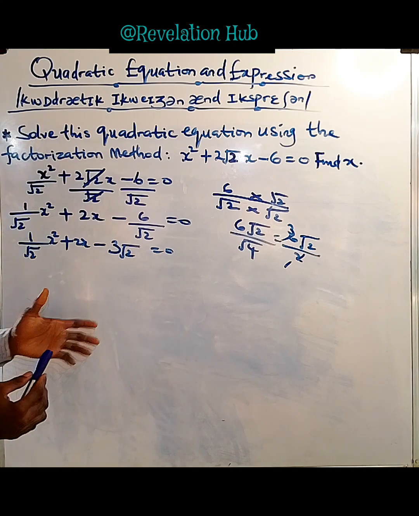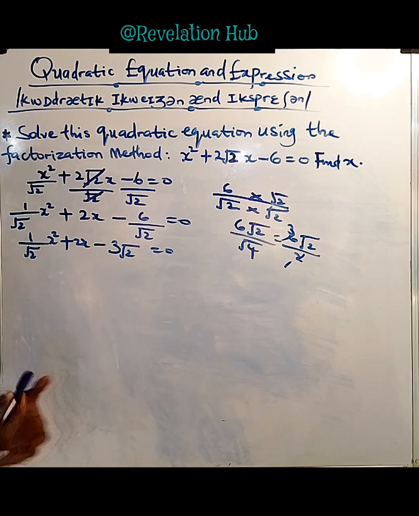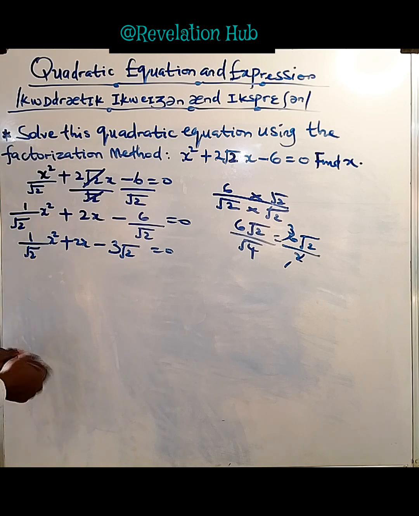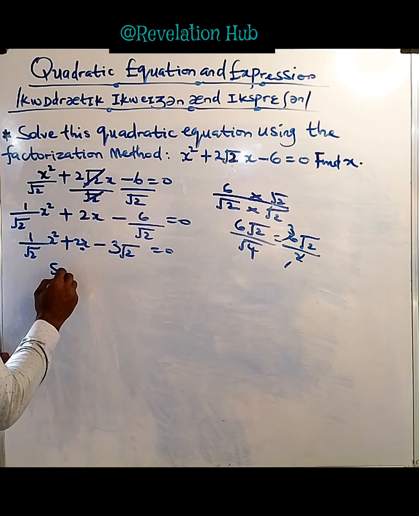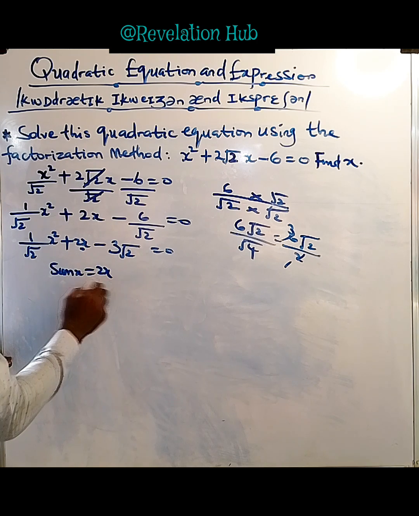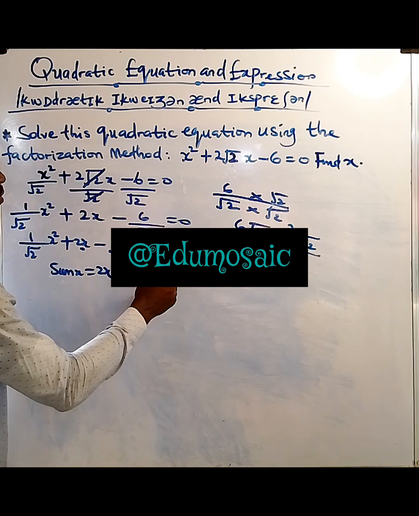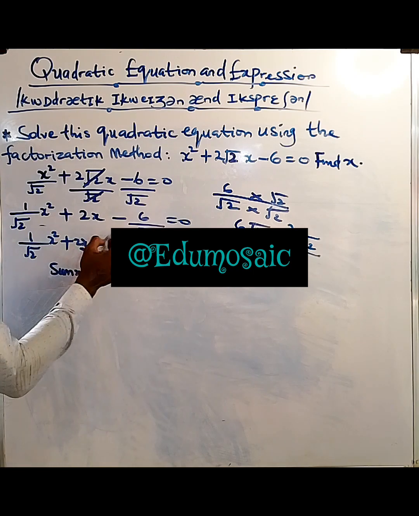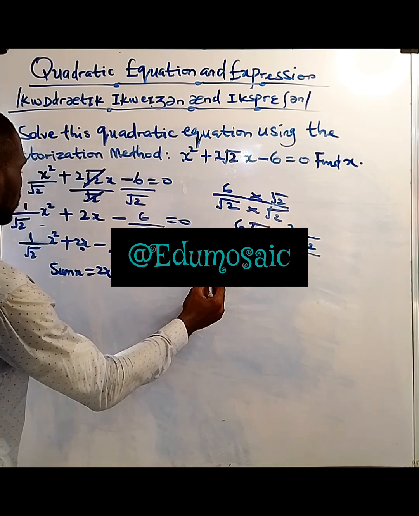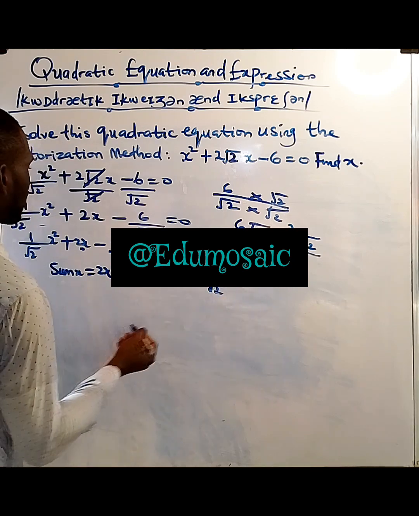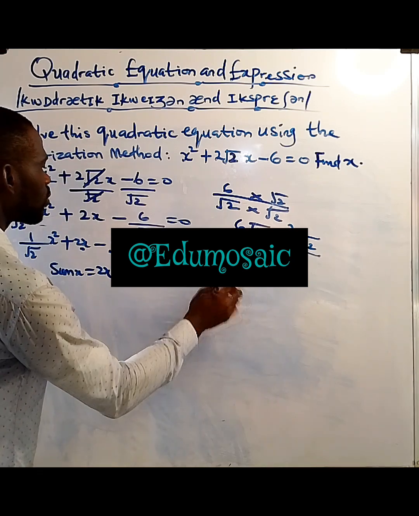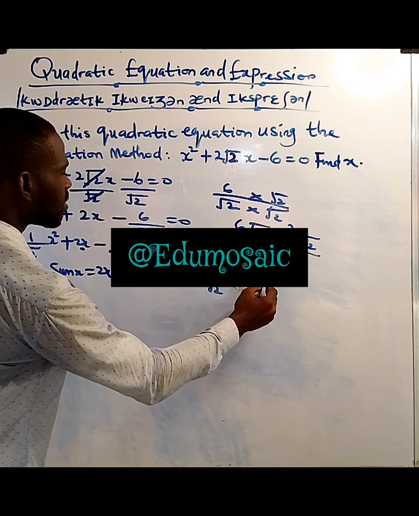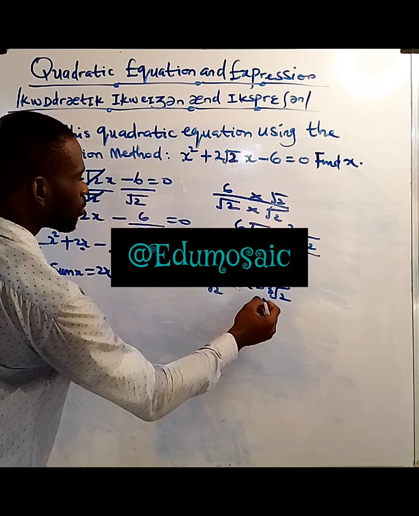So this equation is taking a new shape. Right here, the sum is 2x. Now the product, we're going to multiply these together. So that's 1 over root 2 x squared times minus 3 root 2.